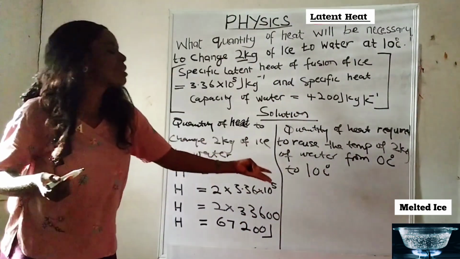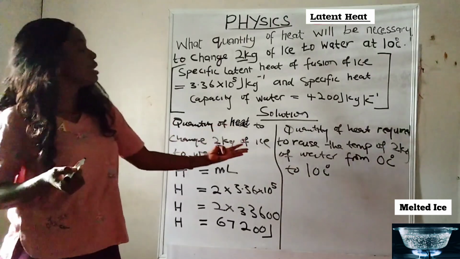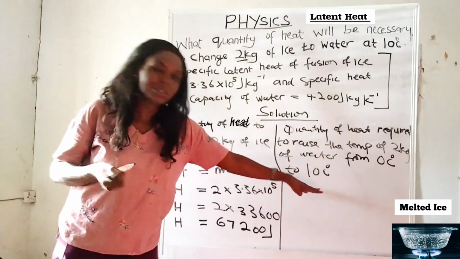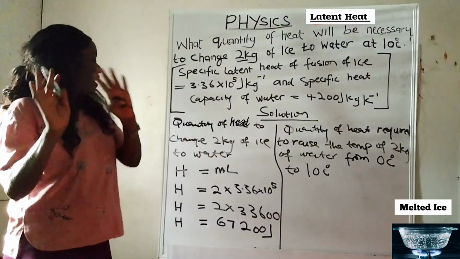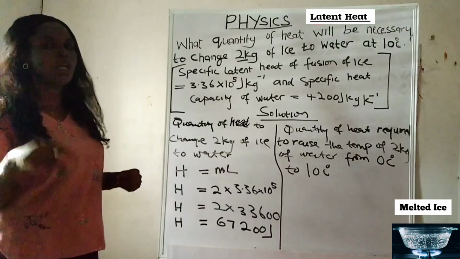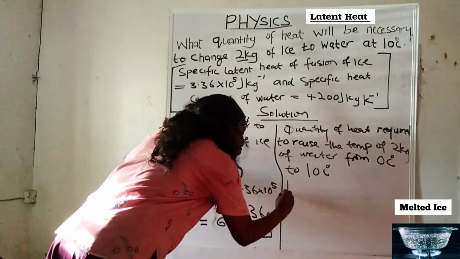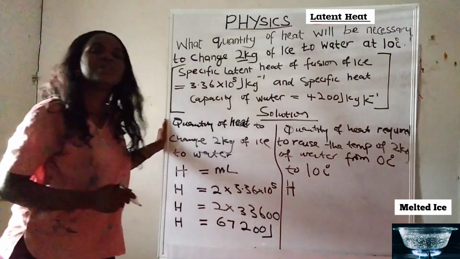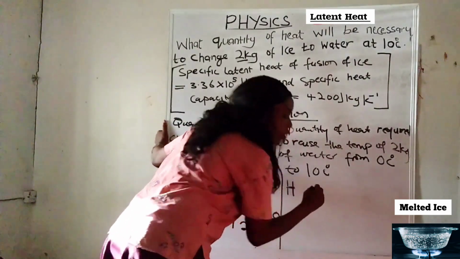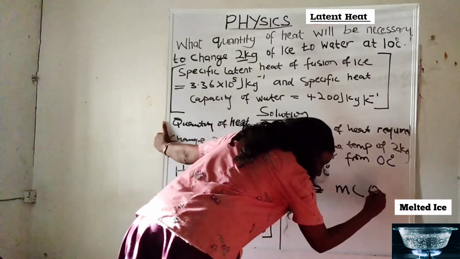We want to now increase the temperature of this ice that is melted to water, from 0 degrees Celsius to 10 degrees Celsius. So this one does not involve latent heat. Rather, it involves specific heat capacity. So the formula we are going to use is H, which stands for quantity of heat, equals MC theta.